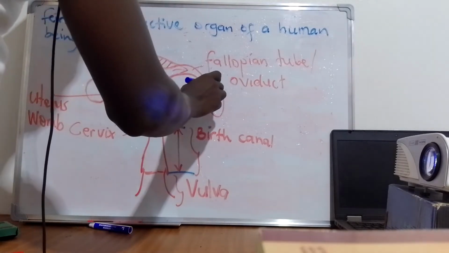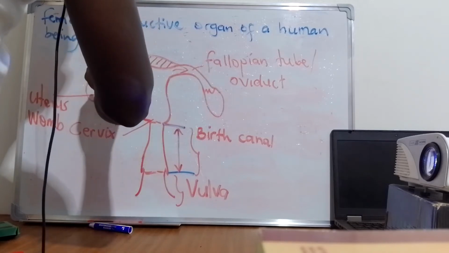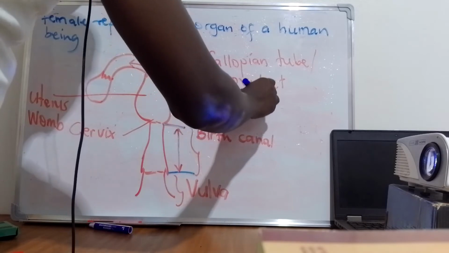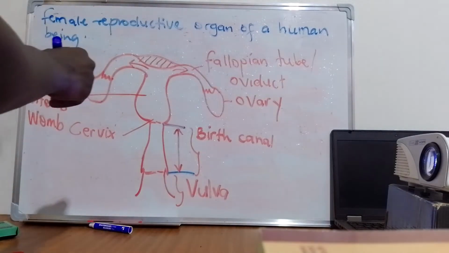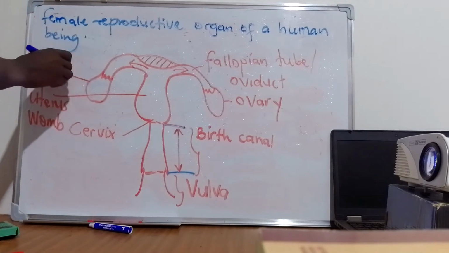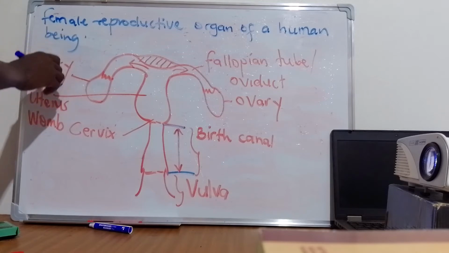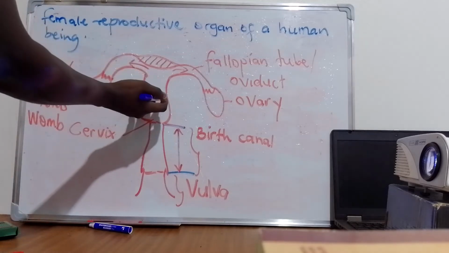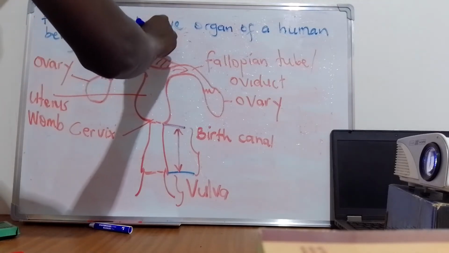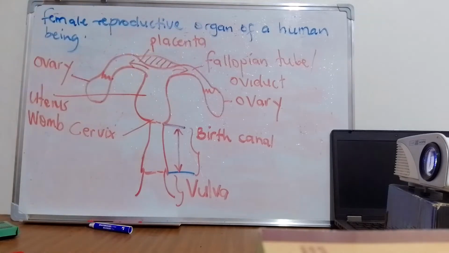From this tube is what we call the ovary. Automatically it's also on this side. This is the ovary. The area above the uterus, which I've shaded, is called the placenta.